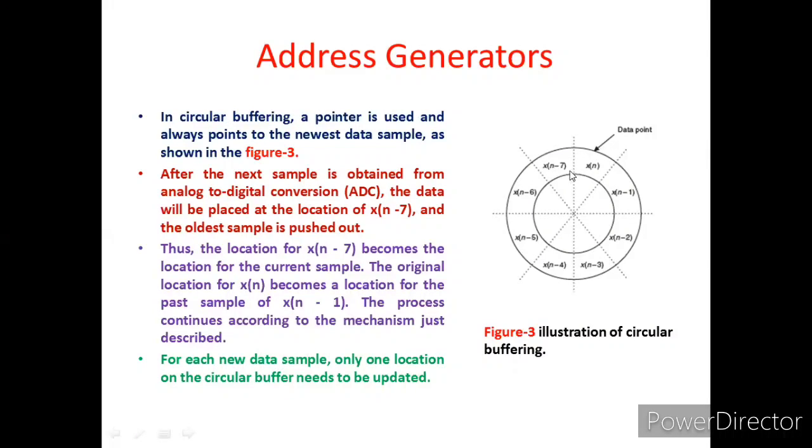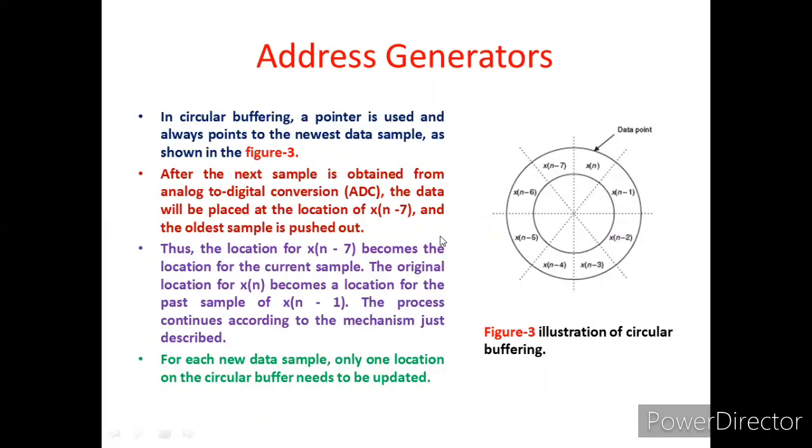So when the next data comes, it is stored at that location and the old sample is pushed out. Whatever the previous data was, it gets pushed out of that address location. Thus the location x of n minus 7 becomes the location for the current sample.